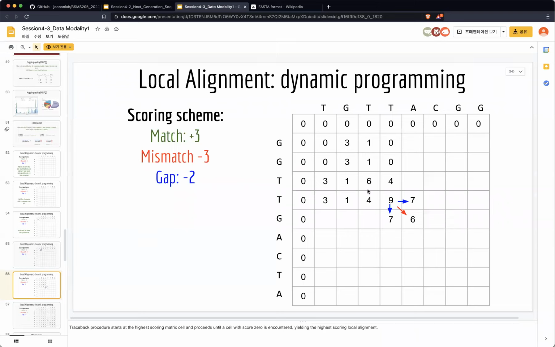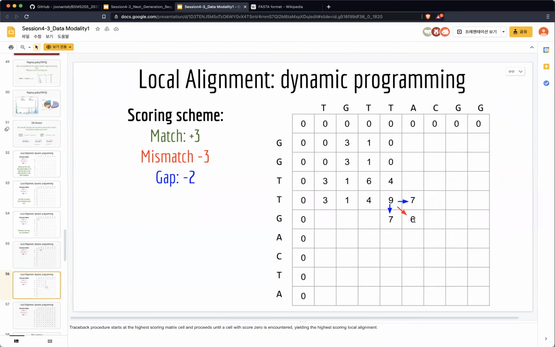We calculate the scores out of this matrix. Then if you look at here, and T, if you go to A here, then this is a sort of gap, right? And here is also a gap as well. And if you go to A and G, and if you take this, that will be a mismatch, right?